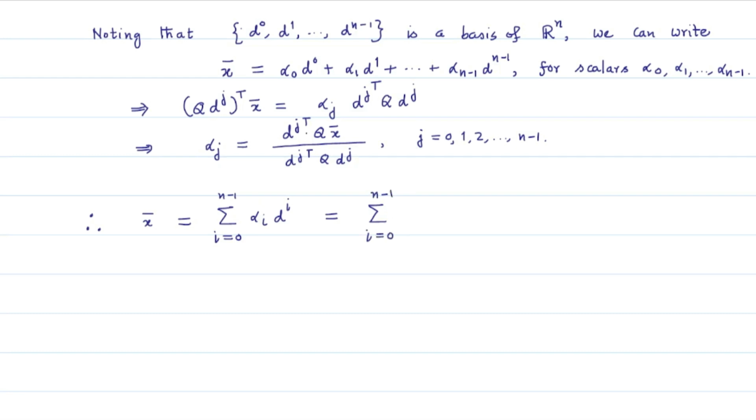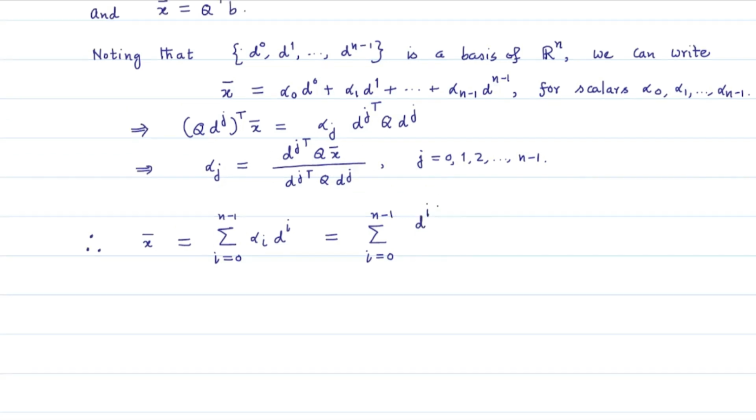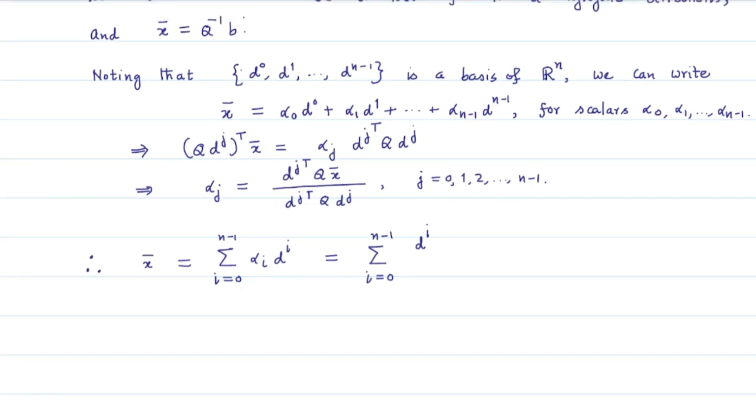This alpha i is given by this expression, which gives us di transpose q x bar. This q x bar is given by this equation, the vector b. So this di transpose b divided by di transpose q di times the vector di.